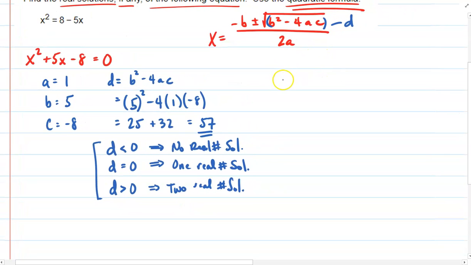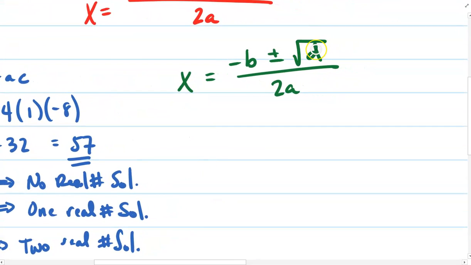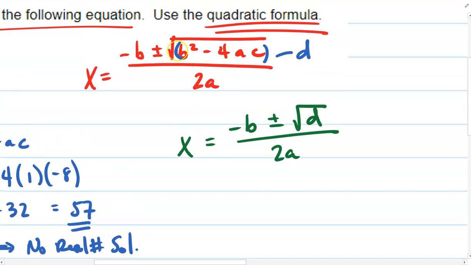Let's go to the quadratic formula. Now, what I'll do here is I'll rewrite the quadratic formula using the discriminant value. It may make this equation just a little bit easier to work with. This discriminant d has taken the place of the expression b squared minus 4ac.